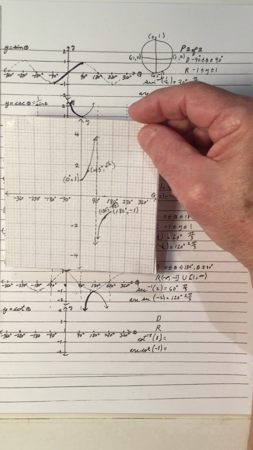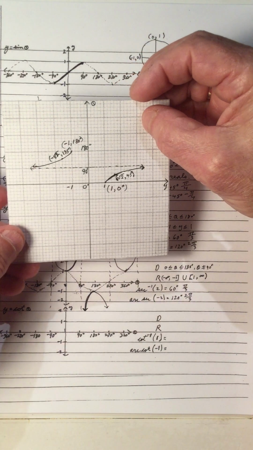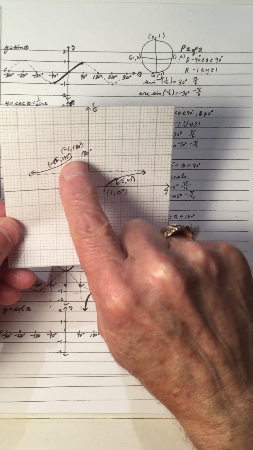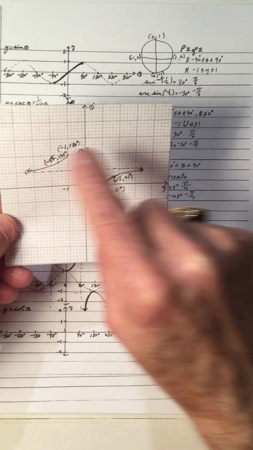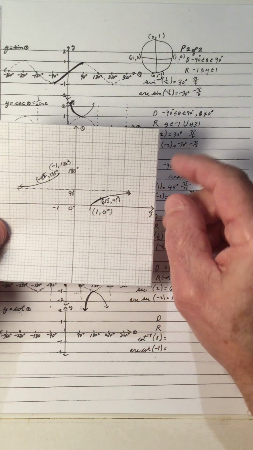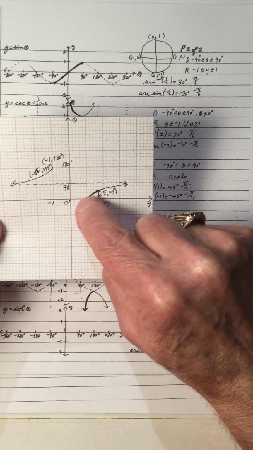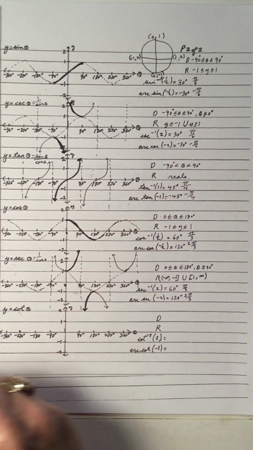Here comes the reflection. And there it is. So it's going from negative 1 downward, starting at 180. And here it's starting at 1, going to positive infinity. Okay.